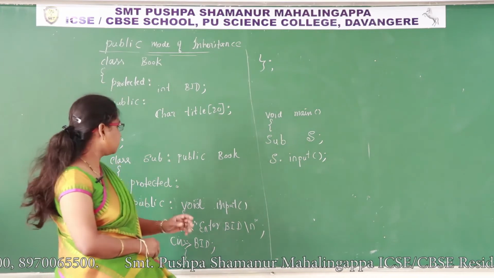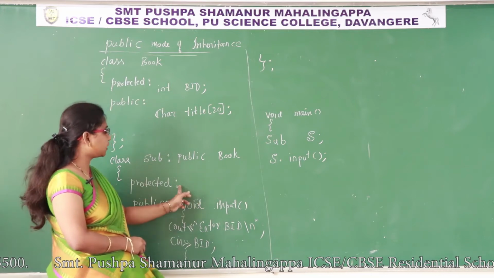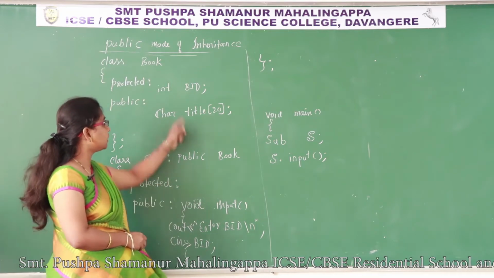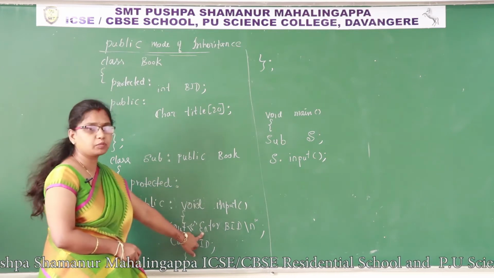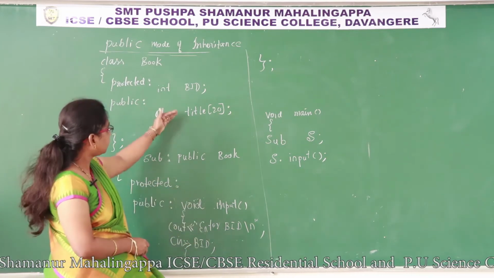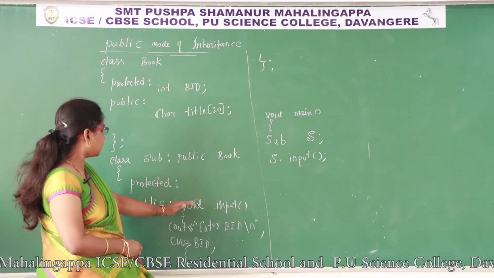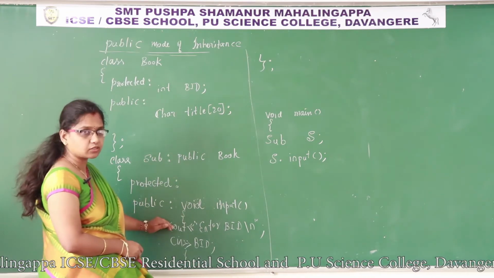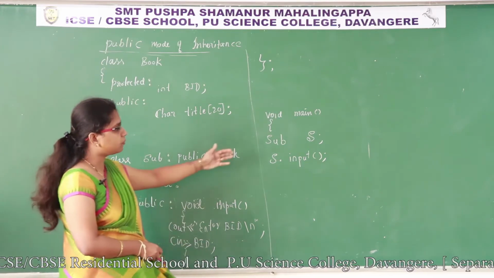So right now, what you need to imagine here: in the protected section, BID is there. To access this protected member I have taken the input function, that's over. Title is there, title goes to which section, public section. Right now title is in the public section, so you can access title either from a member function or from the main function.